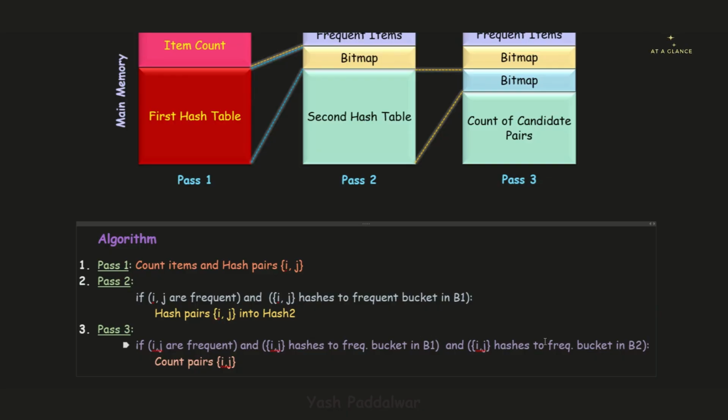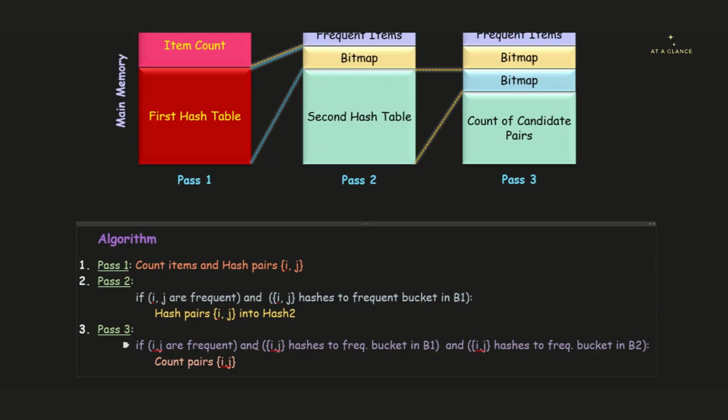The third condition is that the second hash table we have created, from which we got the bucket B2, that particular bucket also has to be frequent for this pair. If these three conditions are satisfied, then only will we count them as a candidate pair. That means if all three conditions are satisfied in pass 3, then we say that i and j are candidate pairs. Otherwise, we say that they are not candidate pairs.